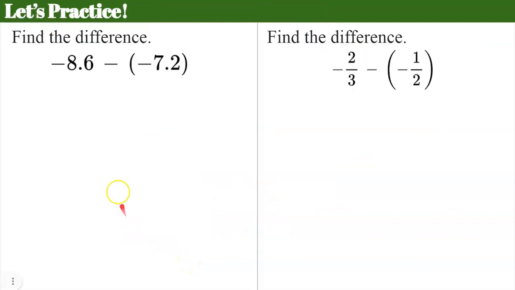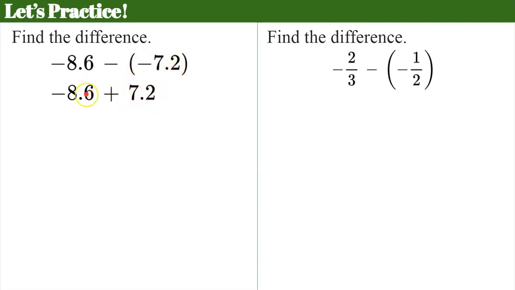Let's practice. So we're going to find the difference, negative 8.6 subtract negative 7.2. So our first step is to rewrite this to be addition. So I'm going to keep negative 8.6, change subtract to add, and negative 7.2, the opposite, is positive 7.2.